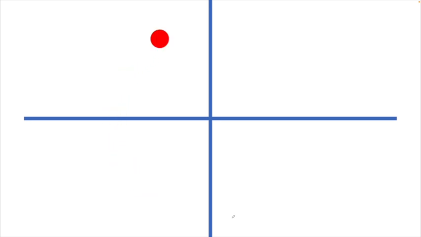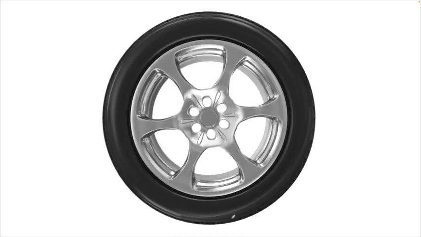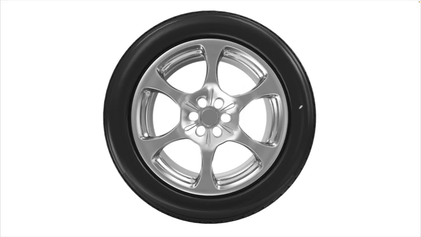You can have a look at the same thing with the wheel. In the case of the wheel, if you consider a point, if this is the x-axis and this is the y-axis, this point moves this way. That means it is coming down in the x-axis, and coming down in the y-axis at the same time.